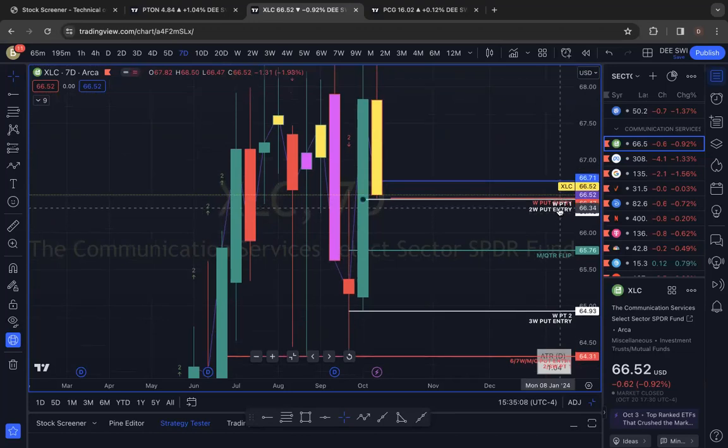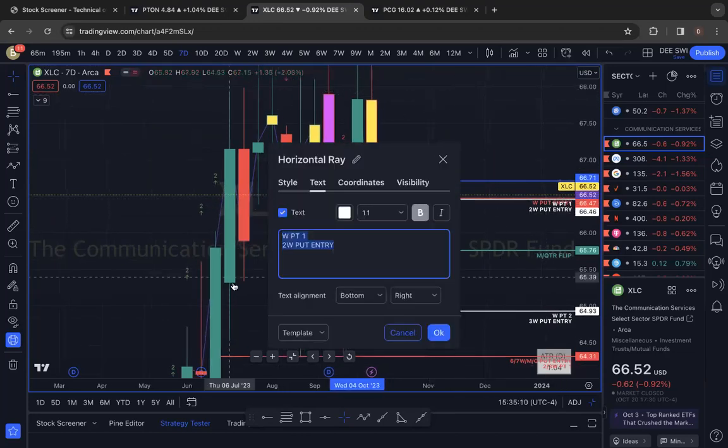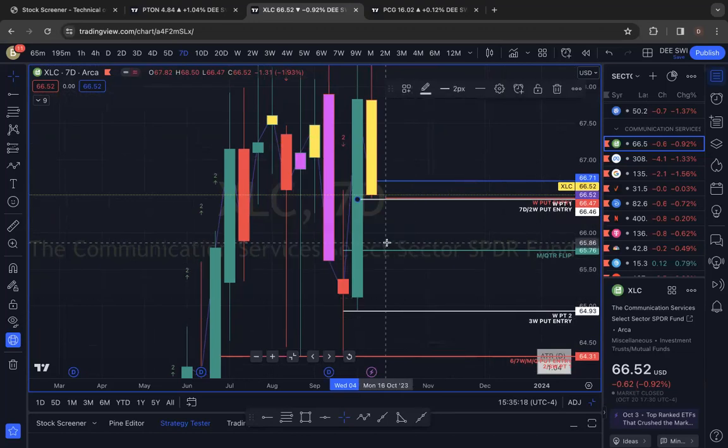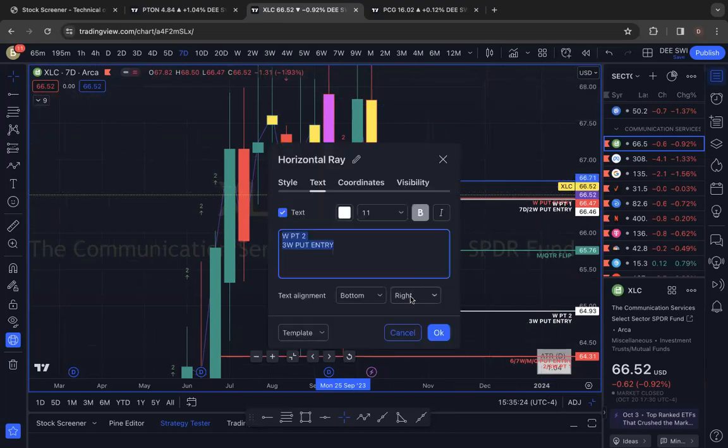It's the same one. So I'm actually going to add the 7 day. So 7D. And the 7 day has the same price target as the weekly PT2.